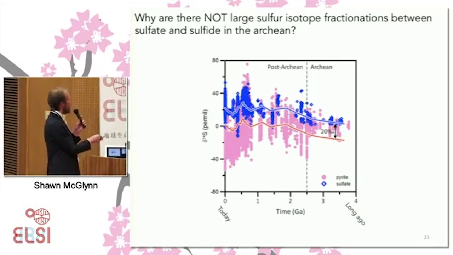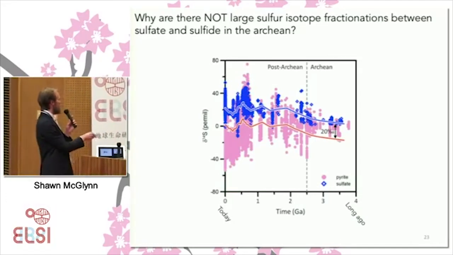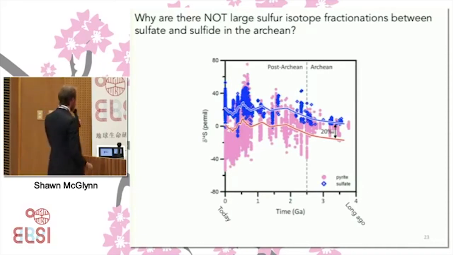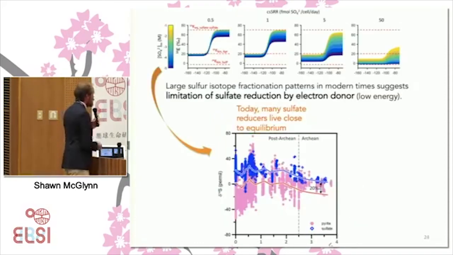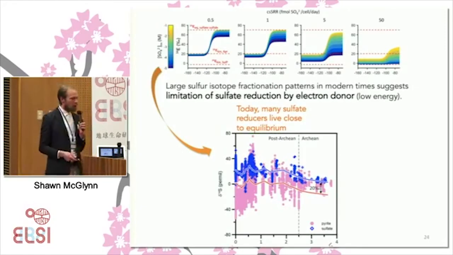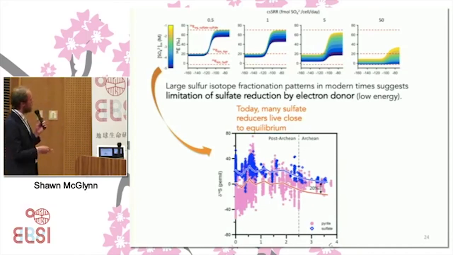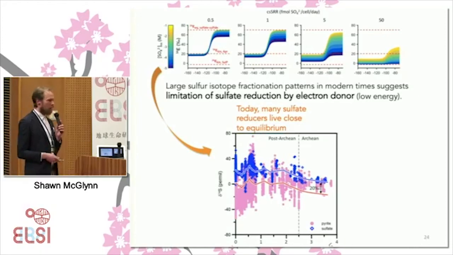Here we see this really big spread. Some of them are narrow, but there's a lot of variance here. And one thing we might say is that in the modern environment, there's a huge diversity of environments, and in particular, these organisms are under a lot of competition, and they might be using very modest electron donors.